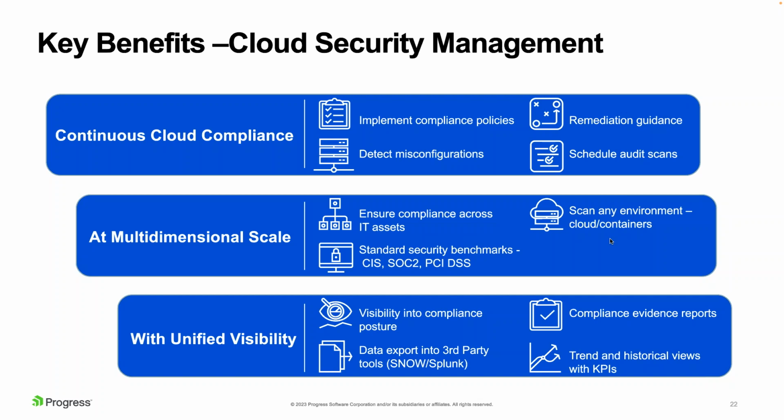And when we do that with tens of thousands of devices, it is really important that your cloud security posture management solution is able to ensure compliance across these heterogeneous IT assets, and it has the ability to scan across any environment from cloud, containers, Kubernetes, to all of that. And it complies with security benchmarks, CIS, SOC 2, PCI DSS, and such benchmarks. And the ability to combine all of this information and present it in an insightful way.